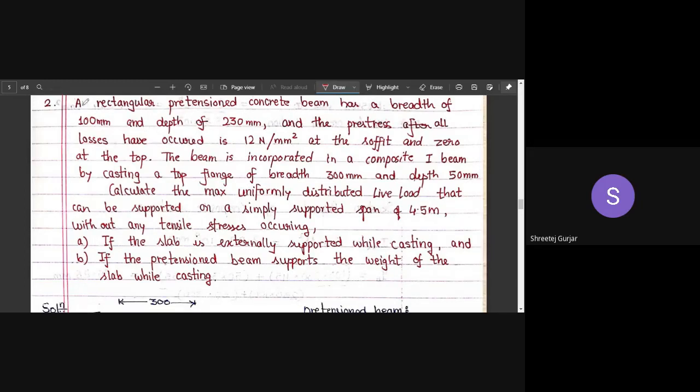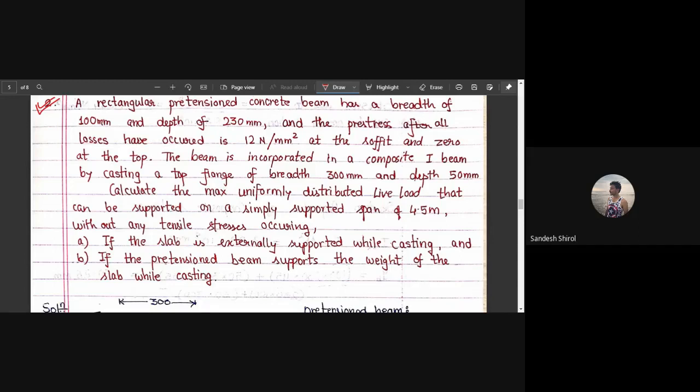Can anyone please read the problem statement for me? Second one. A rectangular pre-tensioned concrete beam has a breadth of 100 mm and depth of 230 mm, and the pre-stress after all losses have occurred is 12 Newton per mm square at the soffit and 0 at the top.